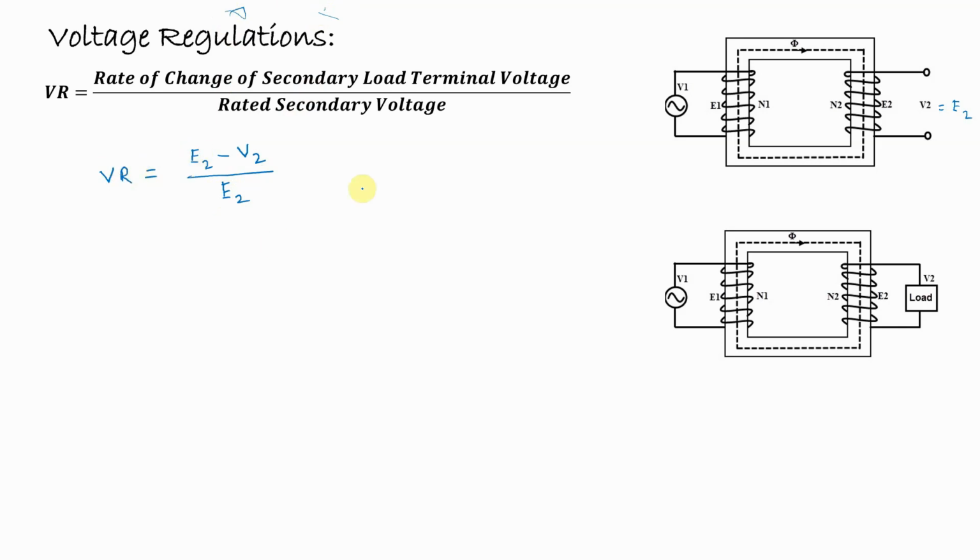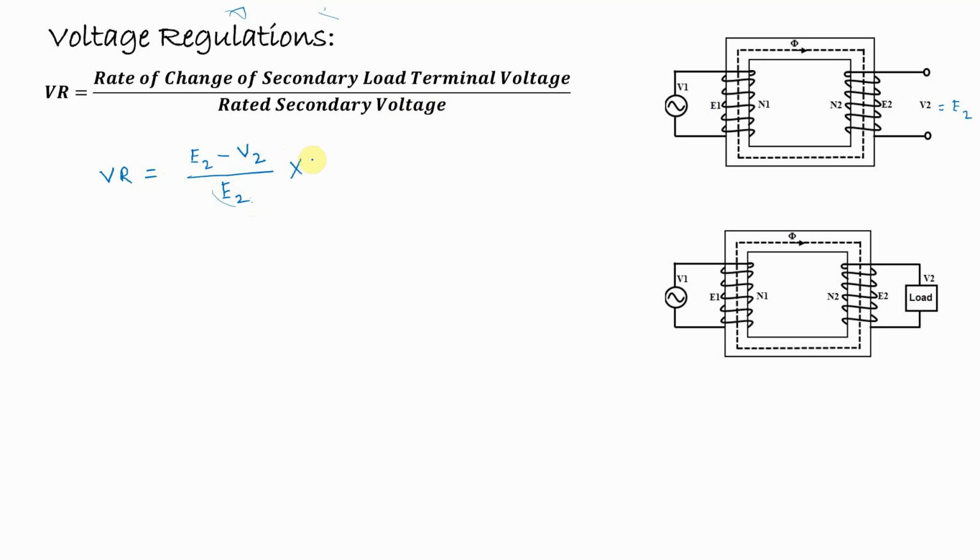So if we see the definition, the voltage regulation is defined as the rate of change of secondary load terminal voltage with respect to the rated secondary voltage. The secondary side voltage will change from no load to full load. This change can be represented as E2 minus V2. And the voltage regulation is the ratio of change in secondary terminal voltage with respect to the secondary rated voltage, that is E2.